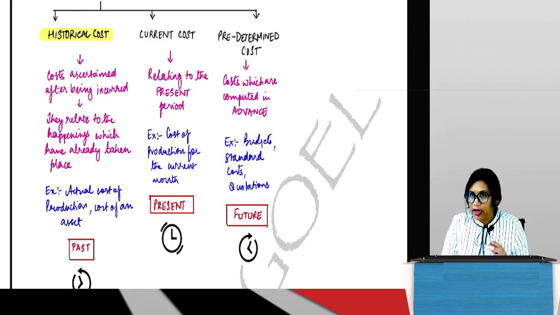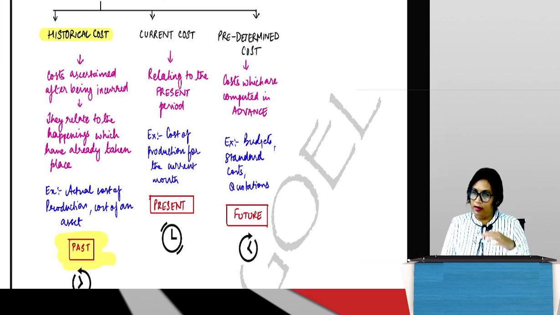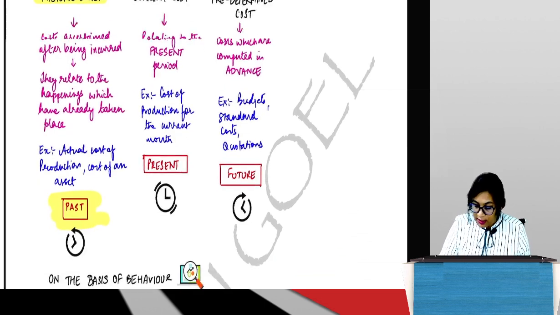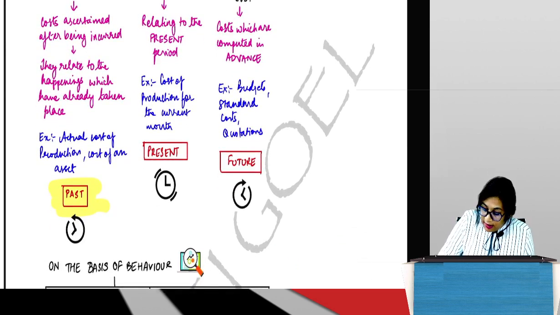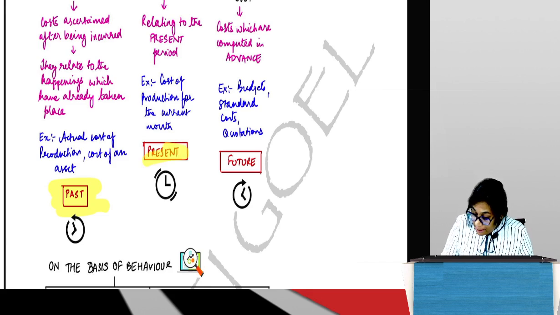Guys, is it okay? So historical cost, cost of the past. The best example is purchase of machinery, right? The event being purchase of machinery has happened in the past. Second one is, guys, current cost. Current cost, as the name suggests, is right now, which means it is present.